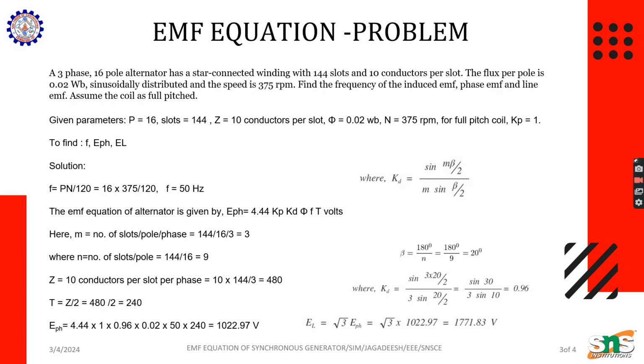This is how the EMF induced in the alternator can be calculated through the EMF equation. We can take this forward for a few different problems and calculate the EMF equation of an alternator.